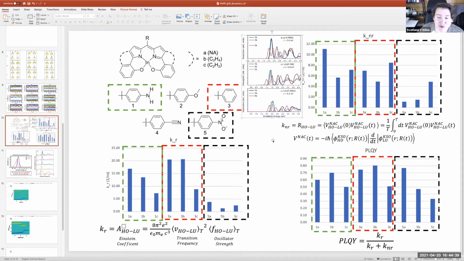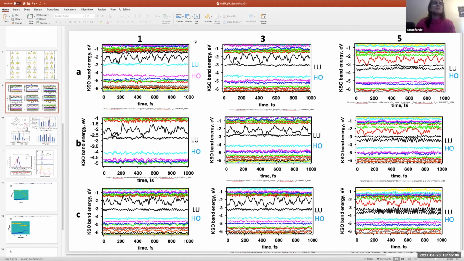So I'm trying to say that, Aaron, can you go up one slide with the dynamics changes for the orbitals, when you were showing these many lines? We need to wait until it moves because there's a delay.